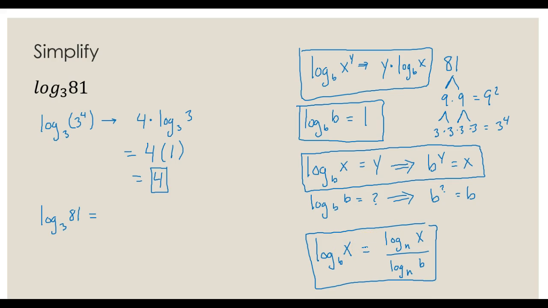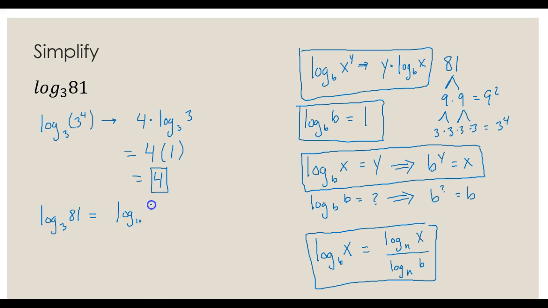Let's say a log that our calculator knows how to do, by just doing the log of whatever it is you're doing the log of divided by the log of the base. On the calculator we're going to type in log, and when you type in log, it means base 10. You don't have to say it; the log button on your calculator means base 10.